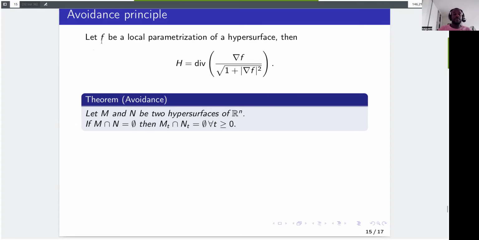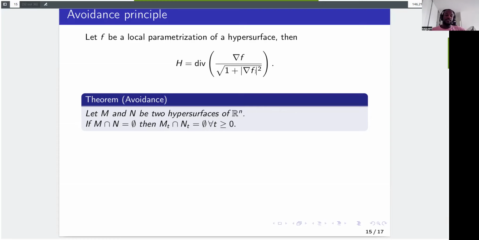So first, we write the formula of the mean curvature of a hypersurface. If I take a parameterization f of the hypersurface, the mean curvature is given by this formula. If I apply the divergence here, I get the Laplacian of f, and then I apply the divergence here, I get an extra term.